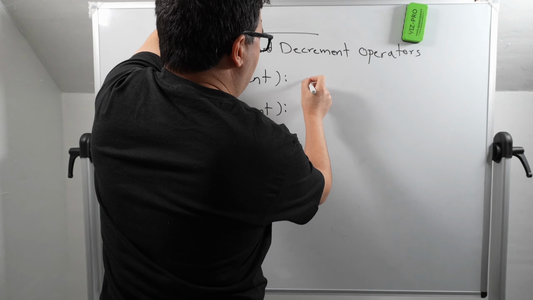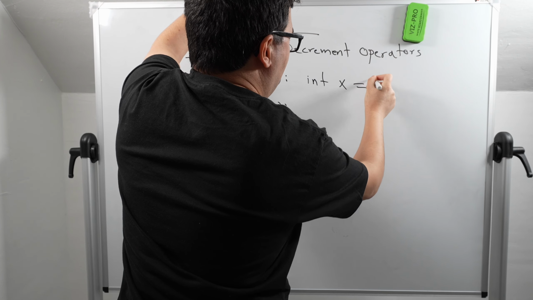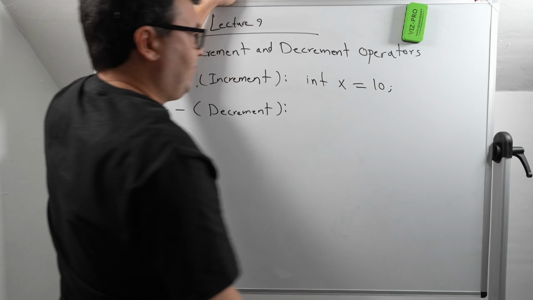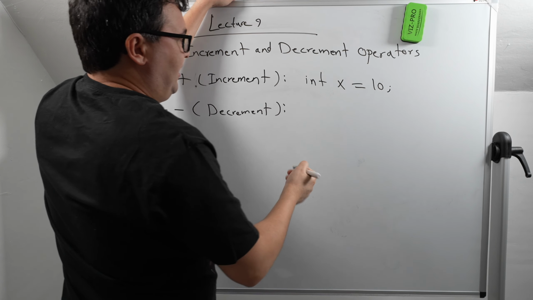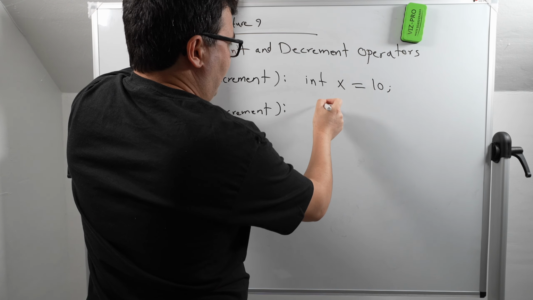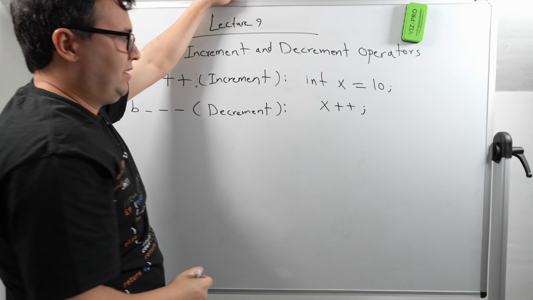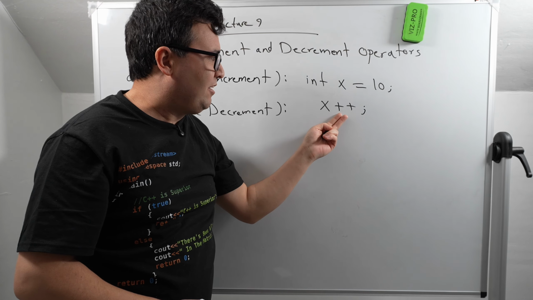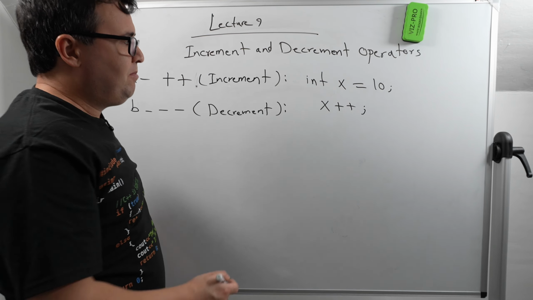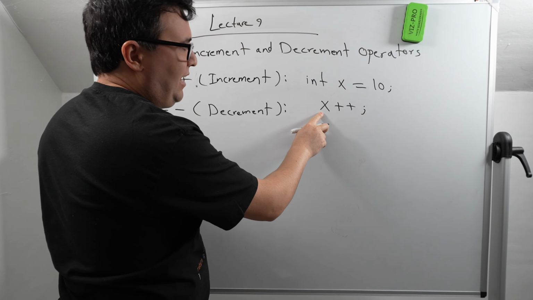If I have a variable, integer x is equal to 10, and I say x plus plus, it means we have the increment operator here. It adds one to the variable x.